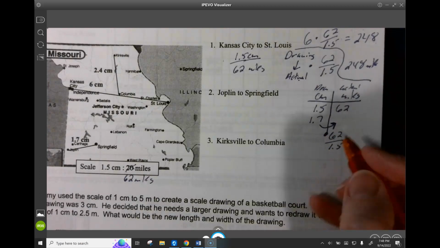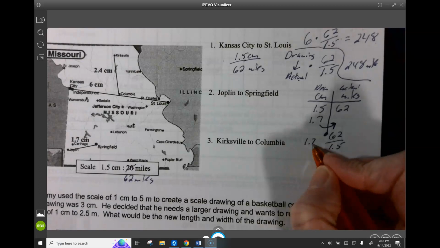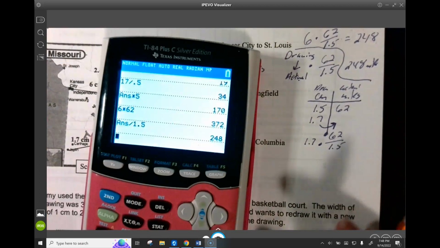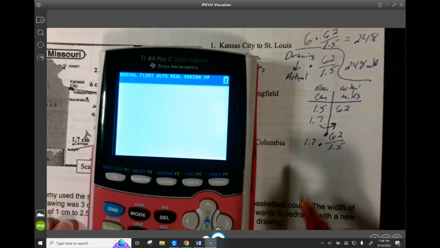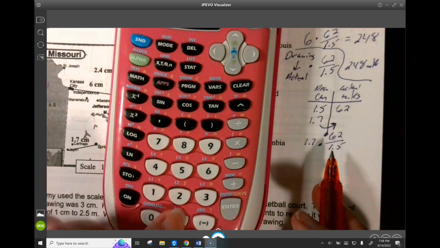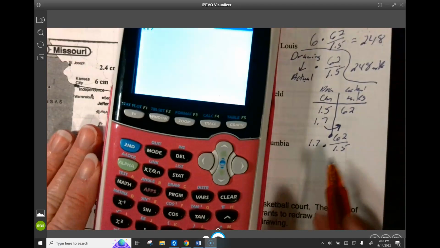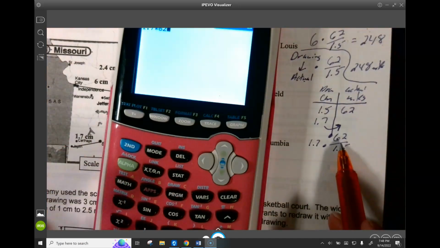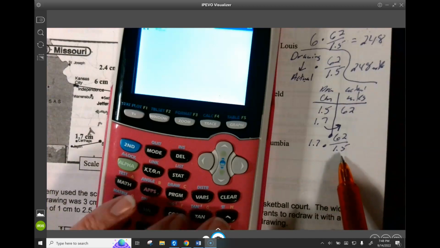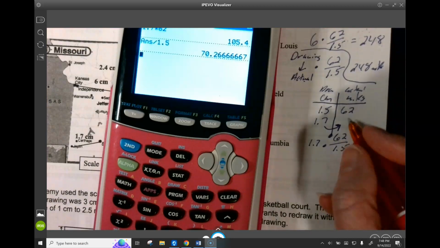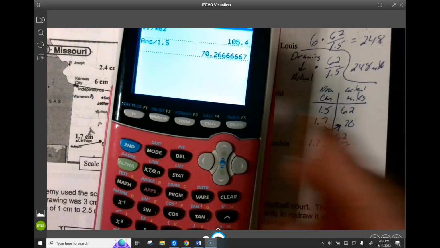So on my calculator, yes, mine looks a little different than yours, don't worry about that, I take 1.7 times 62 equals, and then I divide it by 1.5, and I get 70.26.